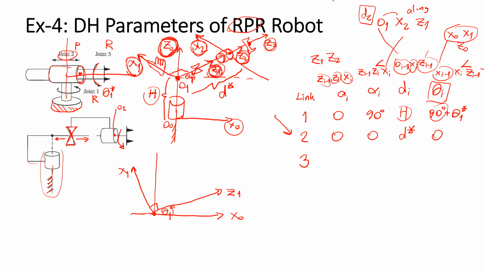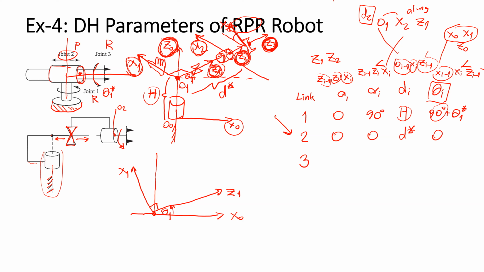For the link at the end effector, we have the effect of the revolute joint. The z-axis of the end effector points in the same direction as C2, but the x-axis of the end effector, x3, is the effect of the rotation here.